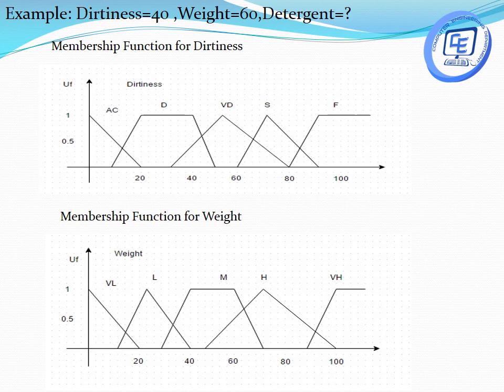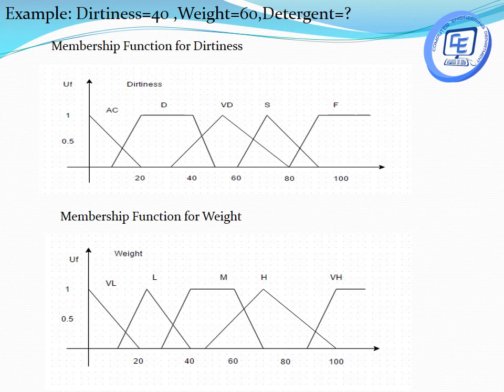The next question can be whether overlapping is allowed. Yes, because we are dealing with fuzzy logic, and as I have shown in the first slide itself, when one particular element is sharing some boundary of sets and it is having some ambiguous information, then fuzzy logic comes into the picture.